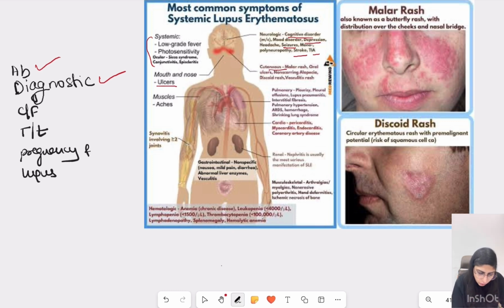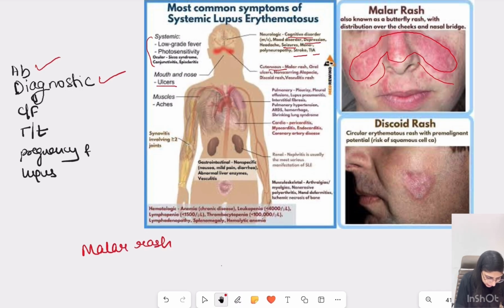Cutaneous features: this is how a butterfly rash involves the cheek of an SLE patient. Now, see how beautifully the nasolabial folds have been spared. This is the difference between the malar rash of SLE versus acne rosacea rash.